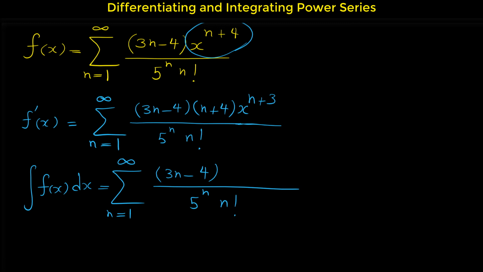From the power rule for integrals, the integral of x to the power of n plus 4 is x to the power of n plus 5. We add 1 to the power, n plus 4 becomes n plus 5, and we have to add the new power in the denominator. So we have to multiply the denominator by n plus 5. And this is the integral of f of x plus c.